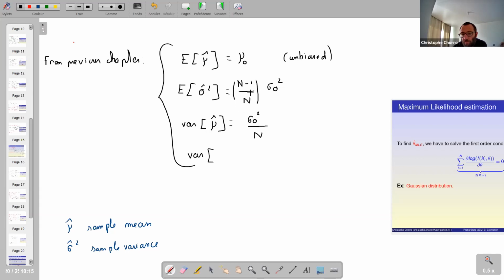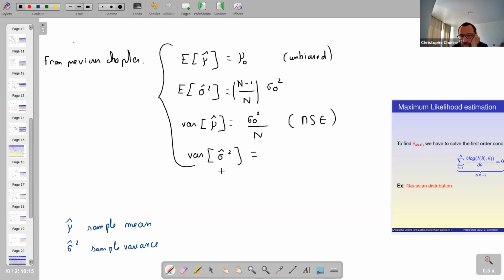And if I want to find the mean square error of sigma hat square, since I have a biased estimator, it's not only the variance, it's the variance plus the square of the bias. So be careful, a priori you don't have the formula in the course, but I have the following one.